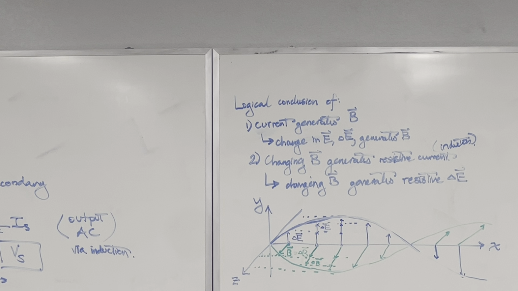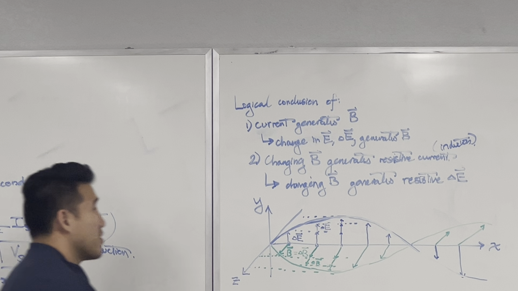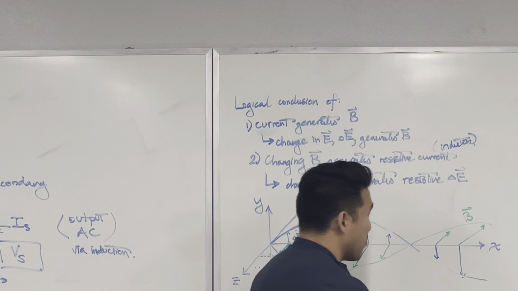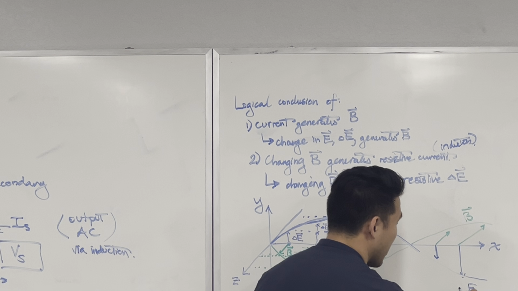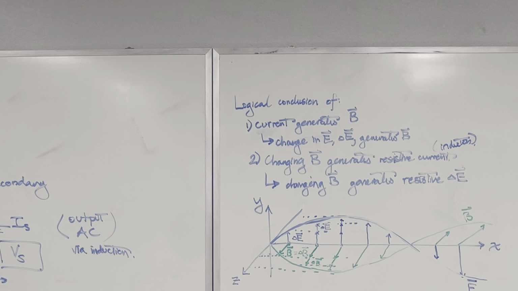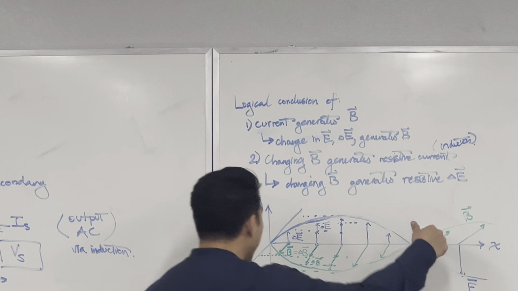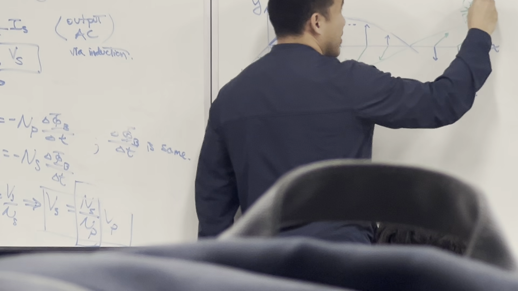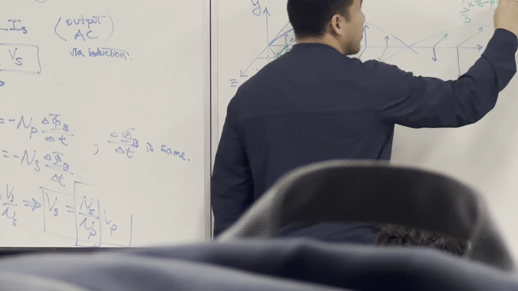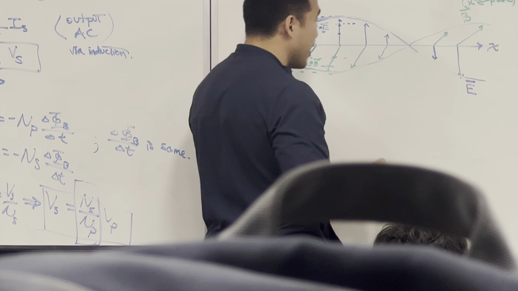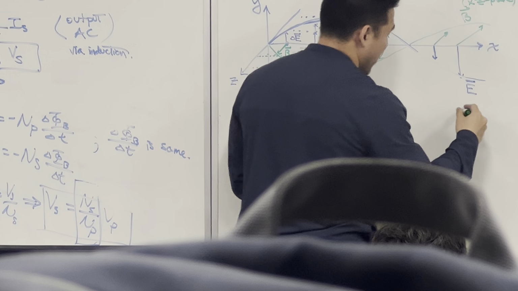It is also a sine wave. So in the green is the magnetic field, in the blue is the electric field. The B, the magnetic field, is propagating on the XZ plane, whereas the electric field in blue is propagating in the XY plane.